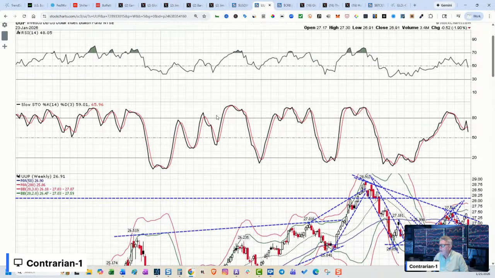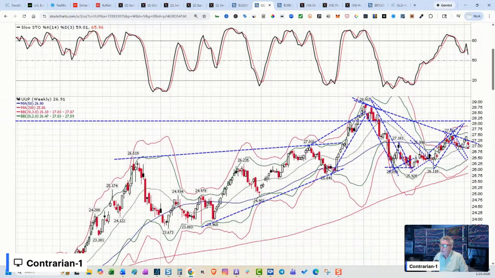And here's a chart of the US dollar. Folks, this was not just a failure last week. This was a collapse of the US dollar. We had 3 consecutive weeks of very strong price action and a breakout above strong resistance. And we didn't just check back and do a retest to see whether or not we could validate that it was really a healthy breakout. There was no pretense.